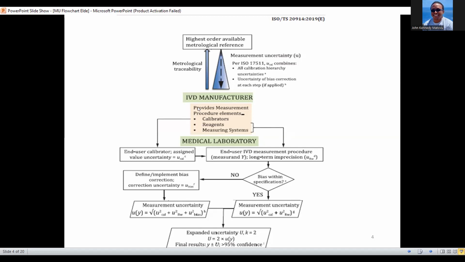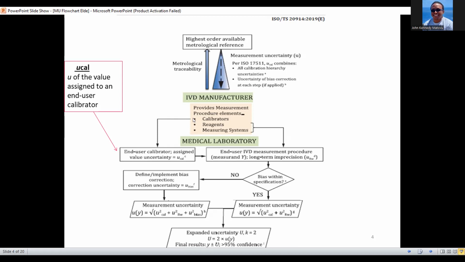So we have here the IVD manufacturer, our method manufacturer, which will provide us calibrator, reagents, and of course, the measuring system, if it's a method or if it's an equipment. All right, so let's start first with this uncertainty, okay?